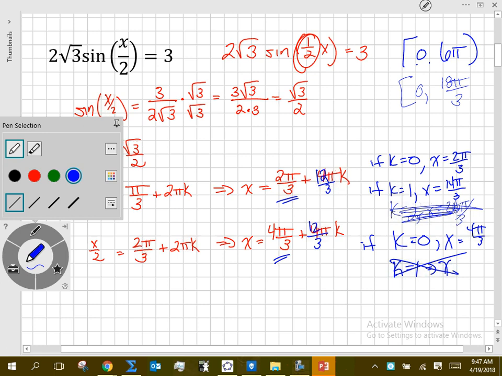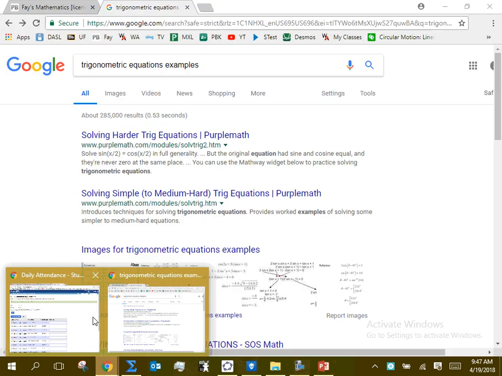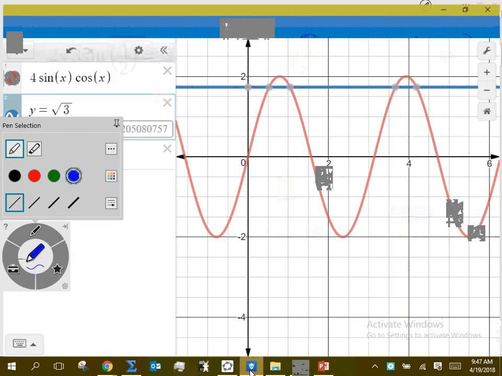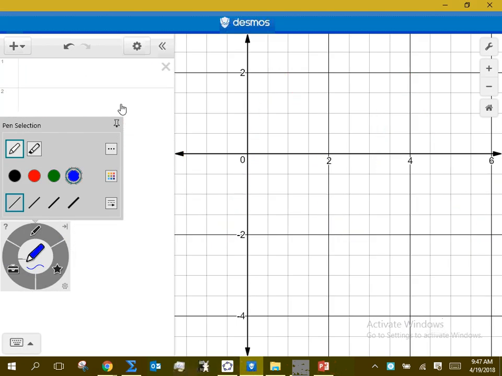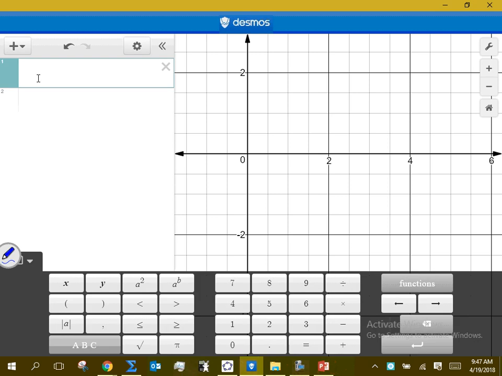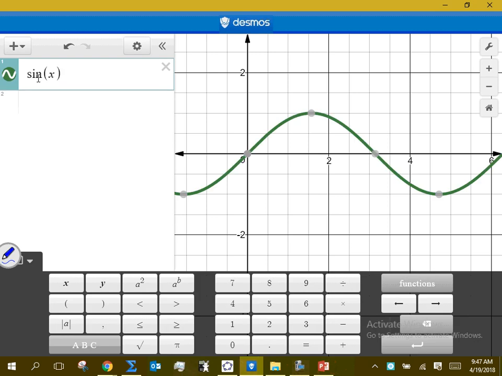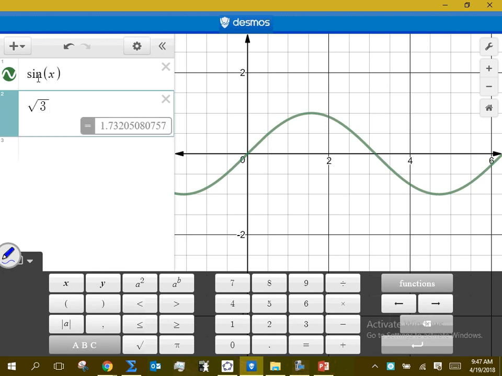Okay? And again, you guys can see this. I'll just graph, where did Desmos go? There you go. Just graph the sine of x equals square root of 3 over 2 first.